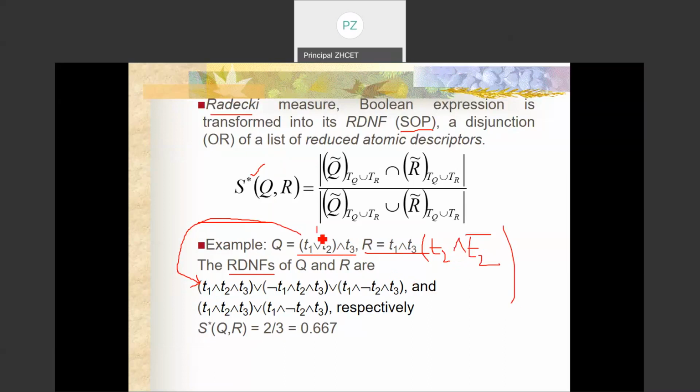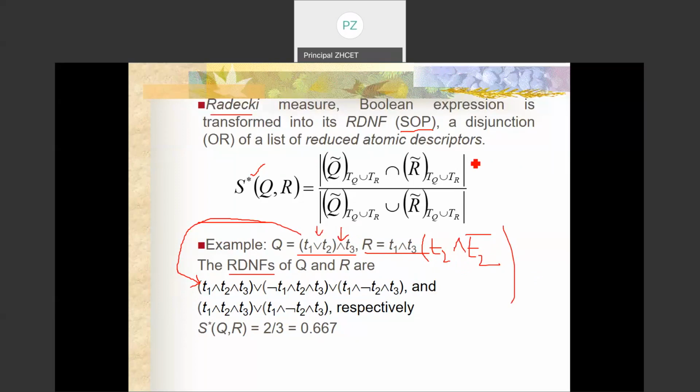This you all know, this is the symbol for AND and this is the symbol for OR. So in order to convert it to the canonical form, I'll have to multiply it. So T1, T2, T3 or T1, T2 bar, T3. This is another way of representing a negative expression.